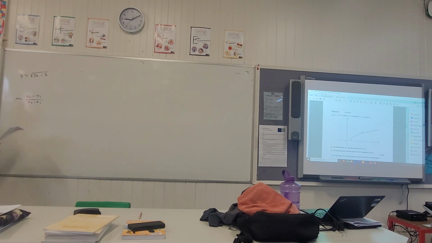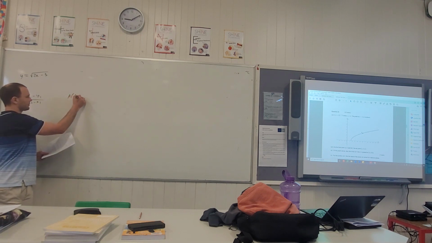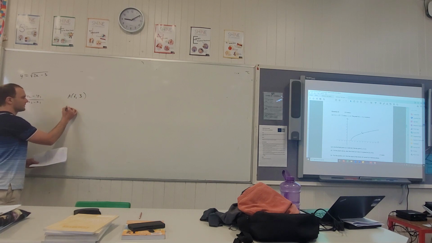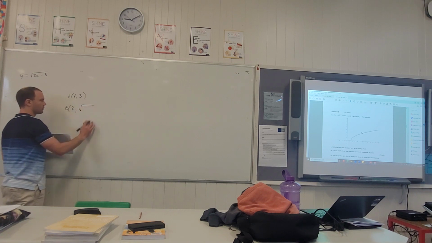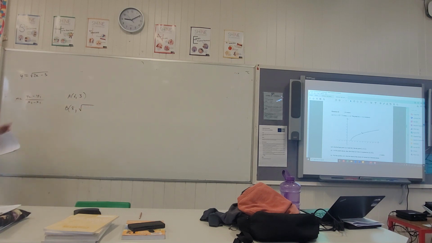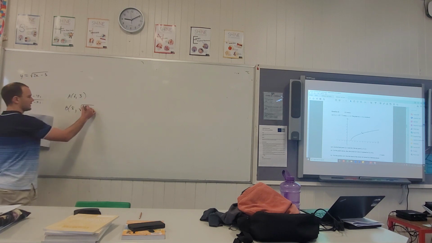So we know the coordinates of A. So A is (6, 3), and we need the coordinates of B. We've got B is 8, the x coordinate is 8, and the y coordinate is the square root of 2 times 8 take away 3, so 2 times 8 is 16, take away 3 is 13.